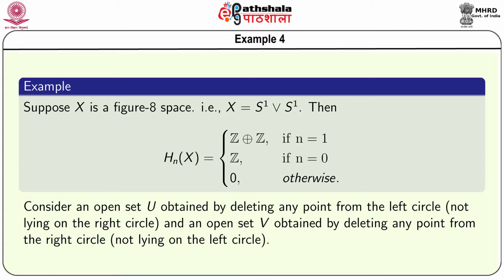Consider an open set U obtained by deleting any point from the left circle, and the point should not be a common point of both the circles. And we obtain another open set V by deleting a point from the right circle, and that point should be chosen in such a way that it should not be the common point of the circles.